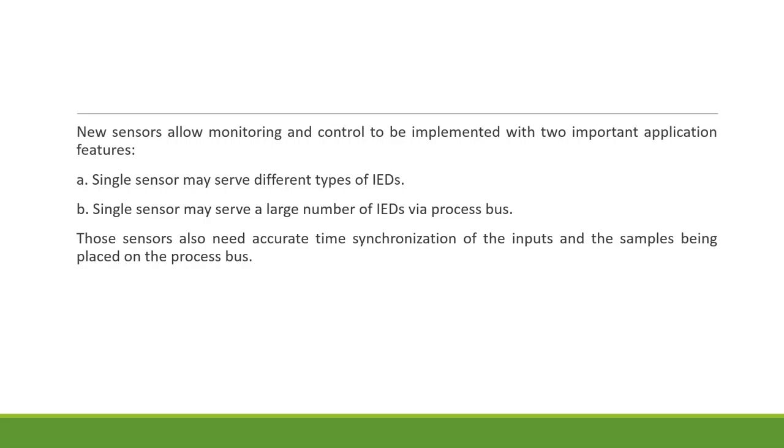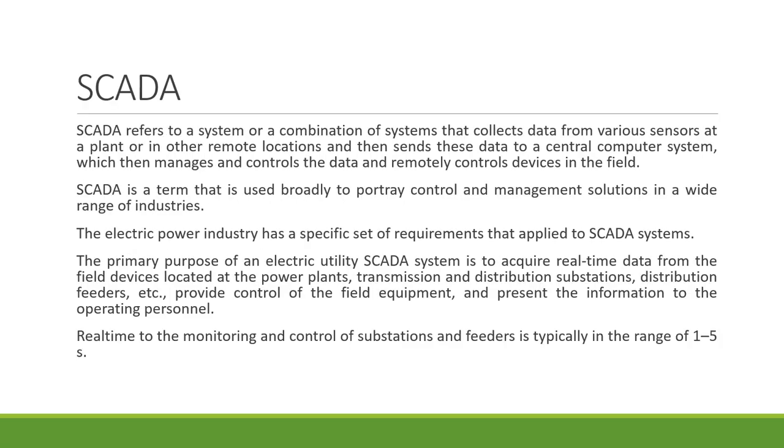A single sensor may serve a large number of IEDs via the process bus, so that can be done basically. Those sensors need accurate time synchronization because this is an important aspect. That is why time synchronization is required with inputs and the samples which are going to be processed on the process bus. Anyway, you could understand this. Everything cannot be explained actually.